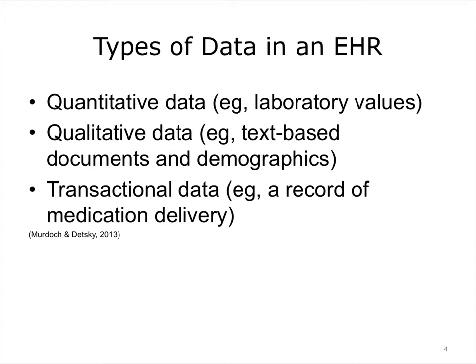The data layer of the DIKW hierarchy contains many types of data: laboratory results, X-rays, blood pressure data, physician's notes, and so on. Data in an EHR or other health information system, such as a laboratory information system or radiology information system, can generally fall into one of three categories.